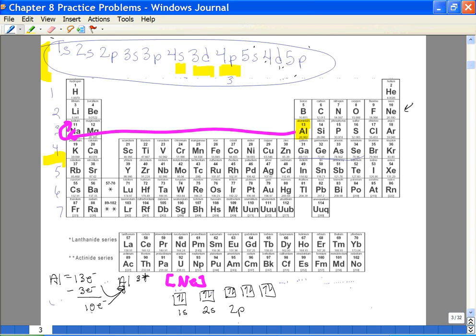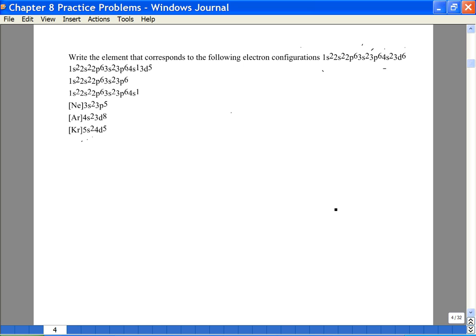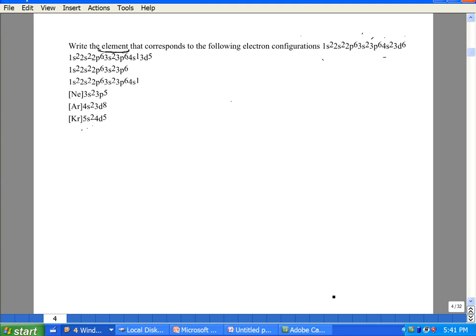The next question asks us to write the element that corresponds to the following electron configurations. So, since we're identifying the element, we're assuming that we're not dealing with cations or anions because they specify that we are writing the element that corresponds to the following electron configurations. Therefore, we can just add the total number of electrons: 2, 4, 10, 12, 18, 26.